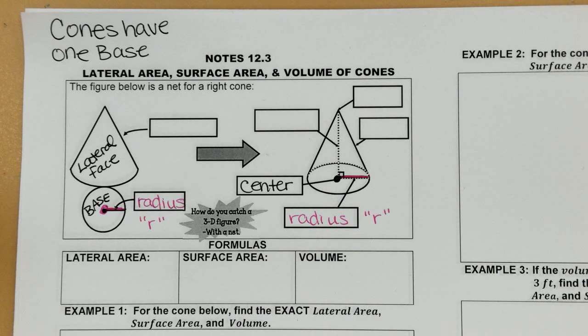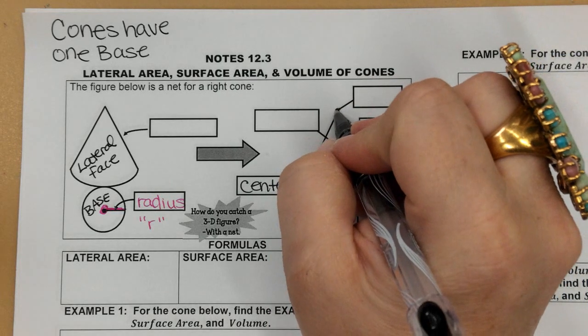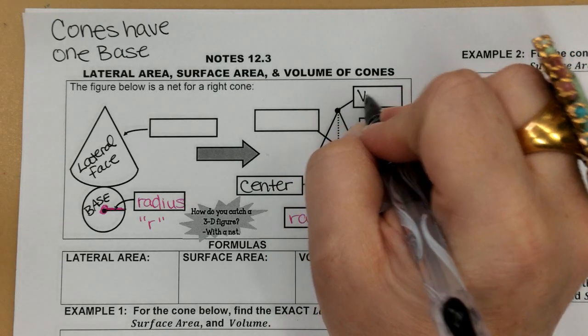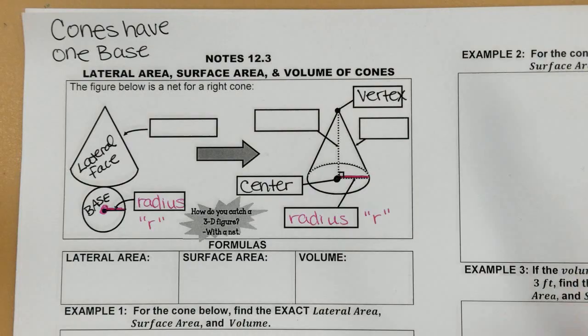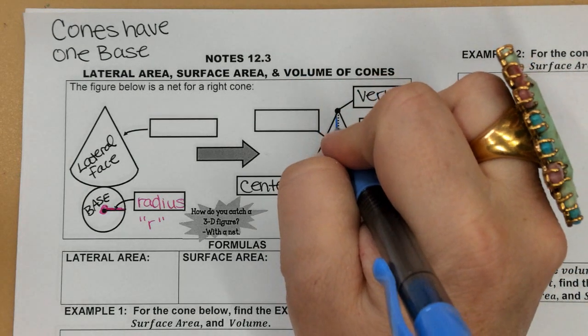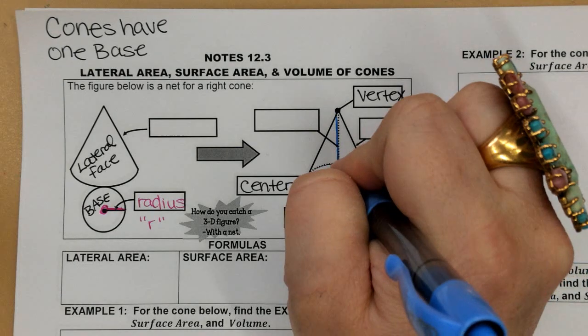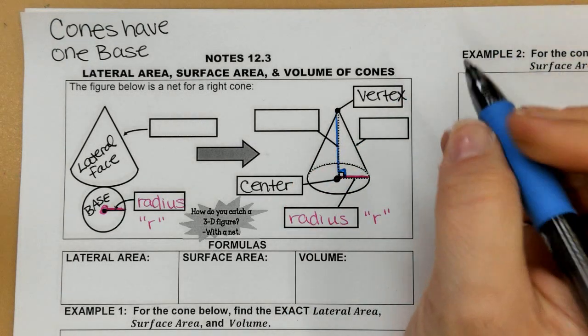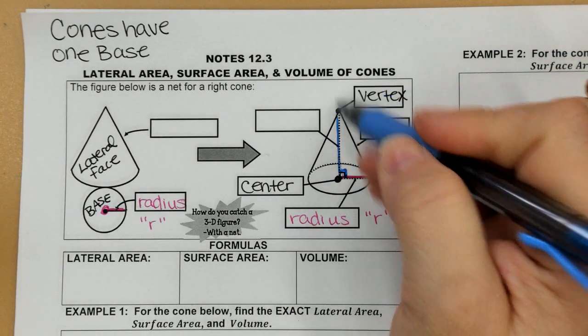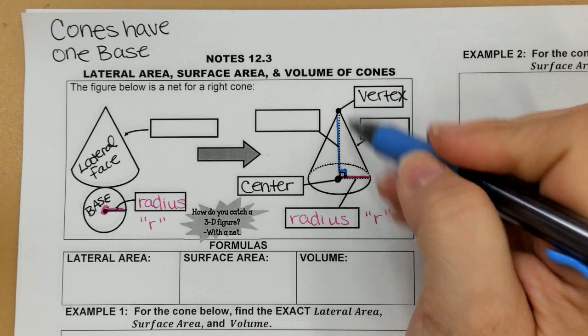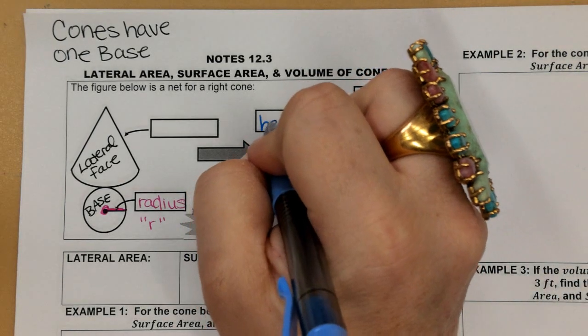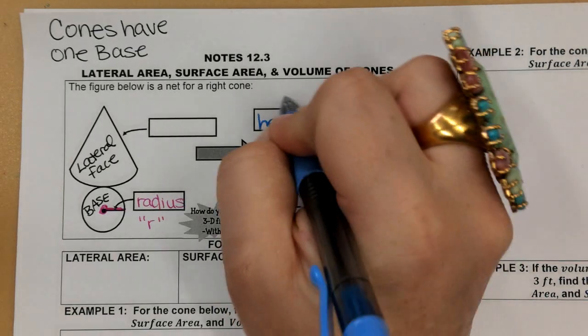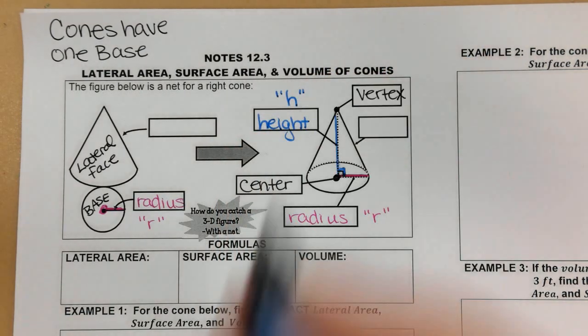And then we have the vertex point at the top. If I go from the vertex straight down perpendicular to the center, that tells us how tall that cone is. So that is your height, which is your h.